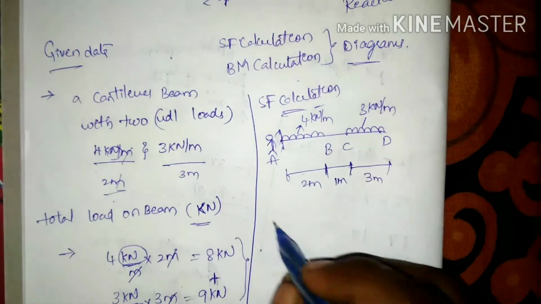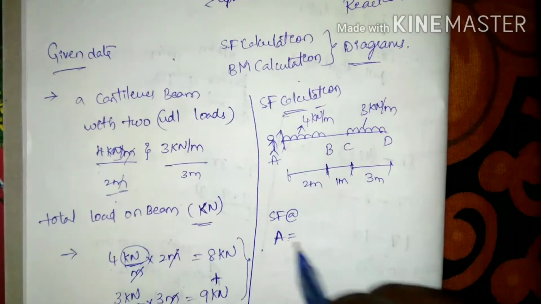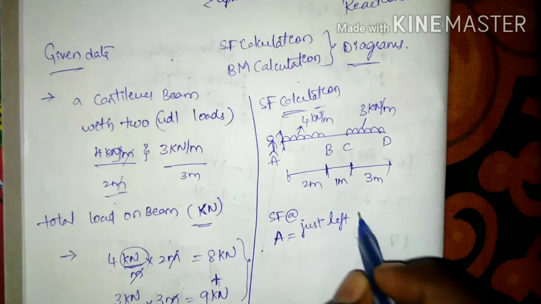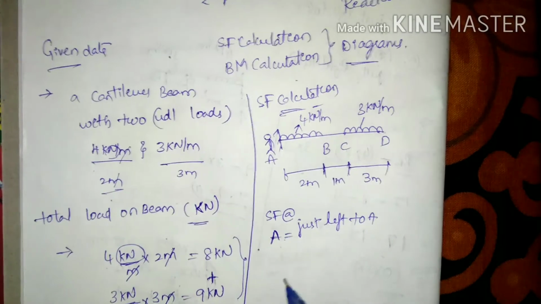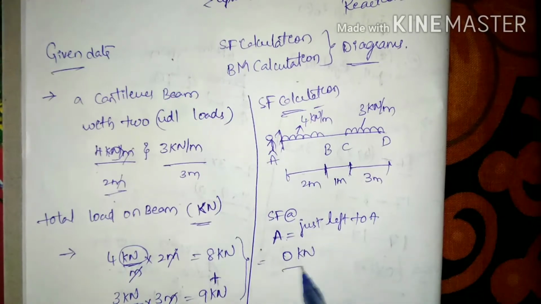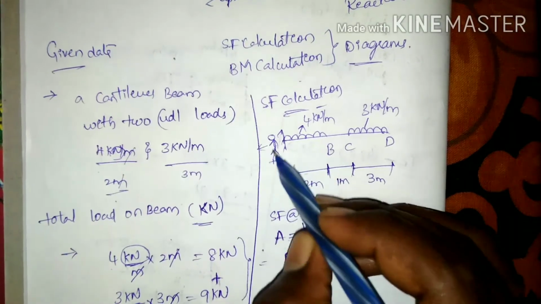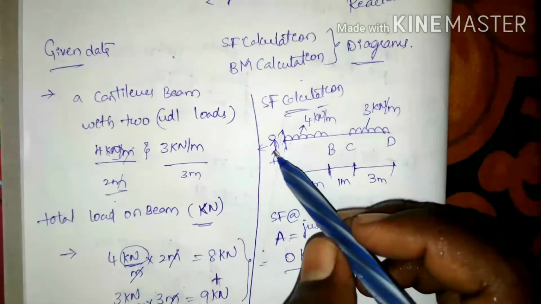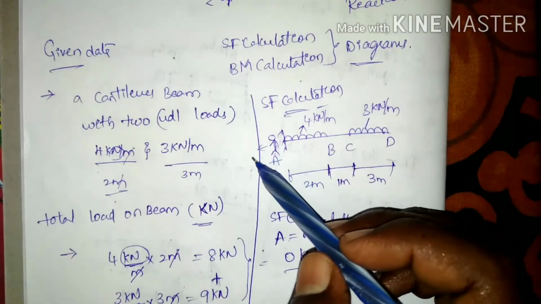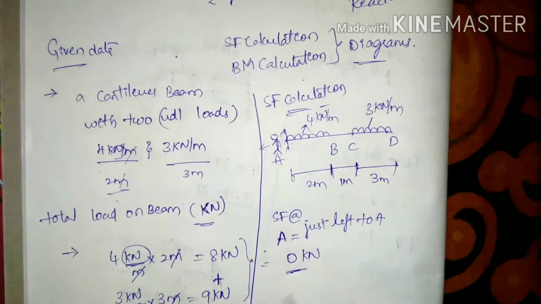Shear force at A: if you stand just left to A, the value of shear force is equal to 0 kilonewtons, because standing just left to A and looking to the left side, we don't find any reactions or loads acting on the beam, so we consider it as 0 kilonewtons.